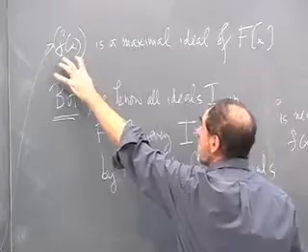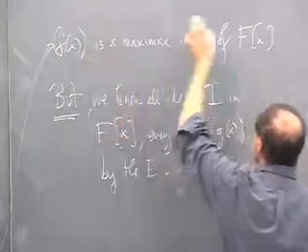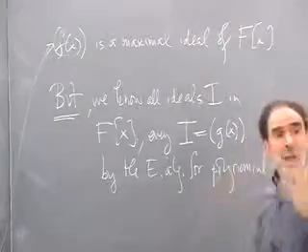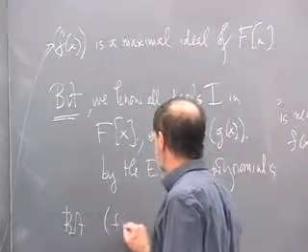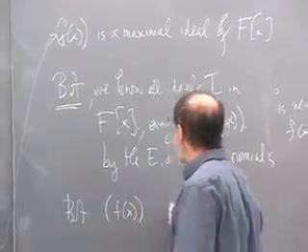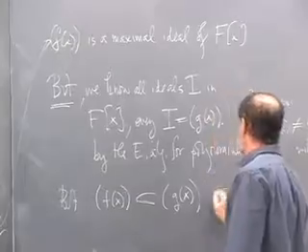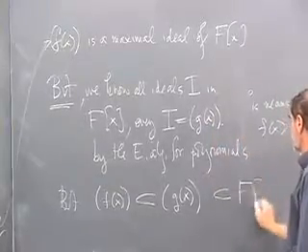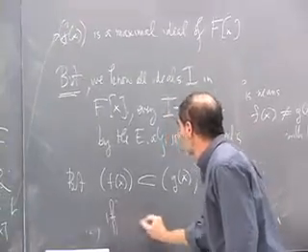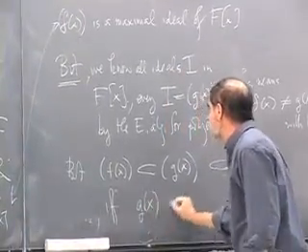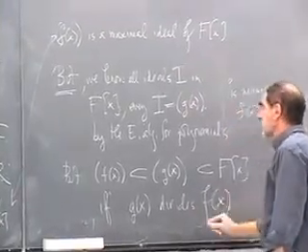Okay, so we now have to figure out what is the condition on f that it not be contained in any other proper ideal. But I claim that the ideal f(x) is contained in the ideal generated by g(x) if and only if g(x) divides f(x).